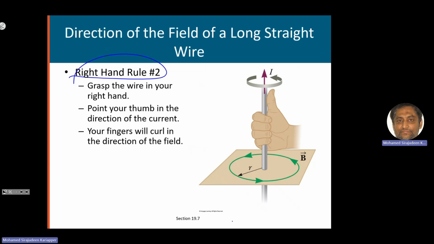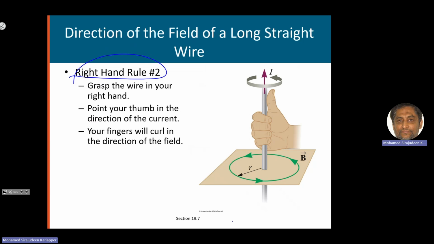Right-hand rule number 2 is for the direction of the magnetic field line from a current. What you do, again, you take your right hand and grasp the wire, so your thumb is in the direction of the current. So it's the opposite way. You use the thumb to point in the direction of the current.